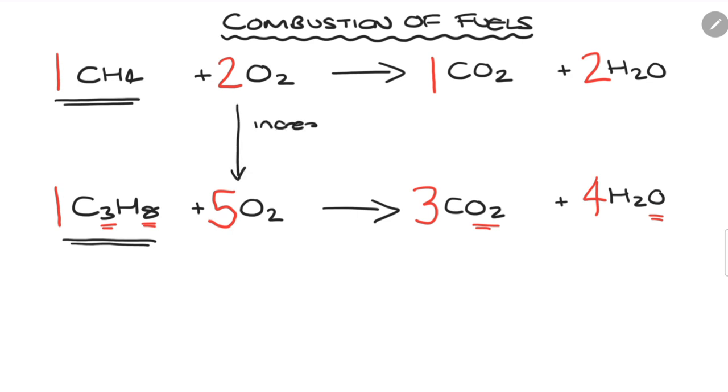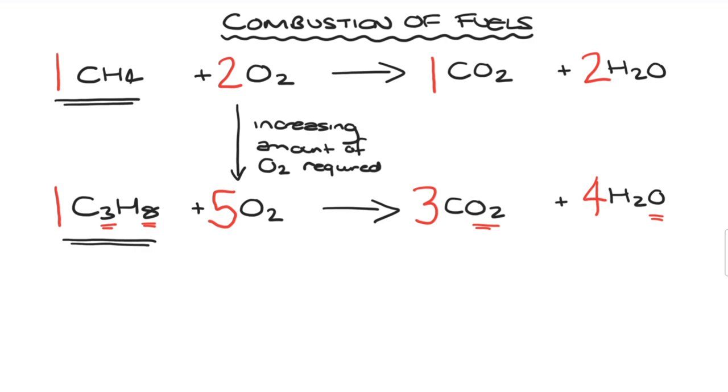So as the molecule gets larger, the number of moles of oxygen required increases. This means that in order to completely combust, it's going to get increasingly more difficult for the corresponding amounts of methane and propane to react properly.